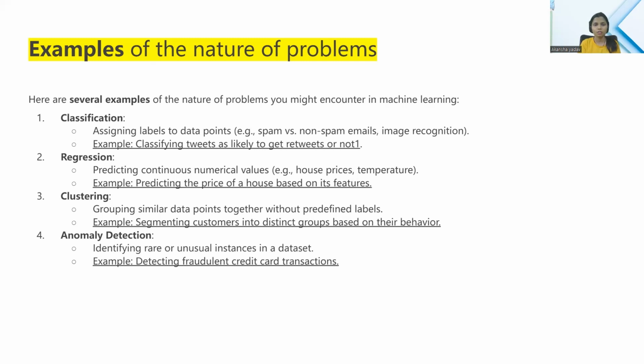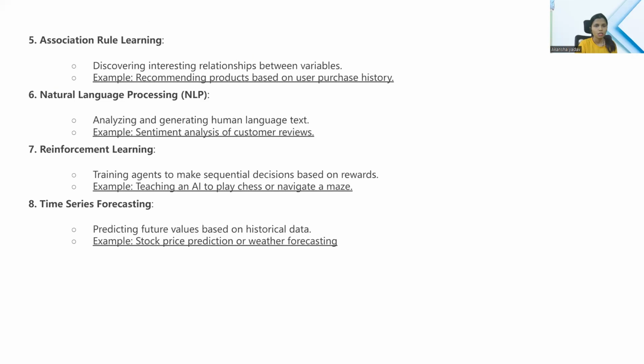There are multiple projects on Kaggle where a data set is given to you, it is of credit card, of bank data, and you have to check whether it is a fraud credit card transaction or the safest one. So what you have to do is identify rare or unusual instances in the data set. Basically, the unusual or rare thing which you have to find out in the data. So you have to choose the model accordingly. So these are the 4 problems. Let's move on to the next one.